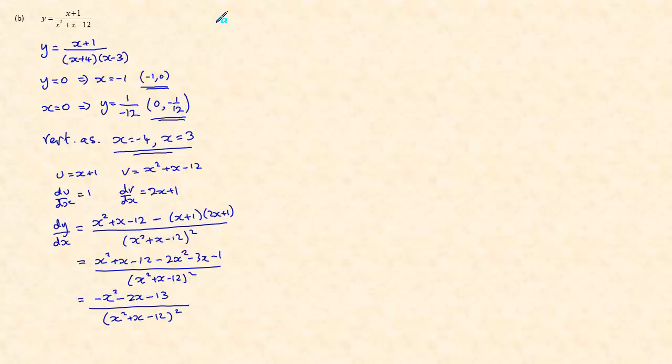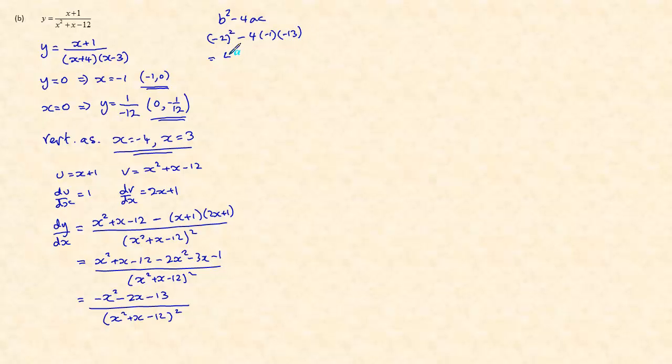Now if we look at the top using the discriminant b squared minus 4ac, that's negative 2 squared, 4ac not 4a squared, take away 4 times negative 1 times negative 13.